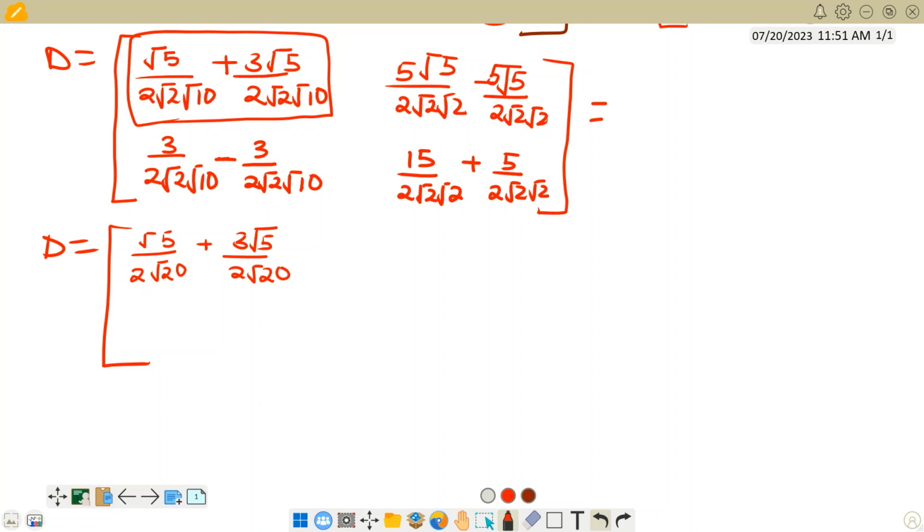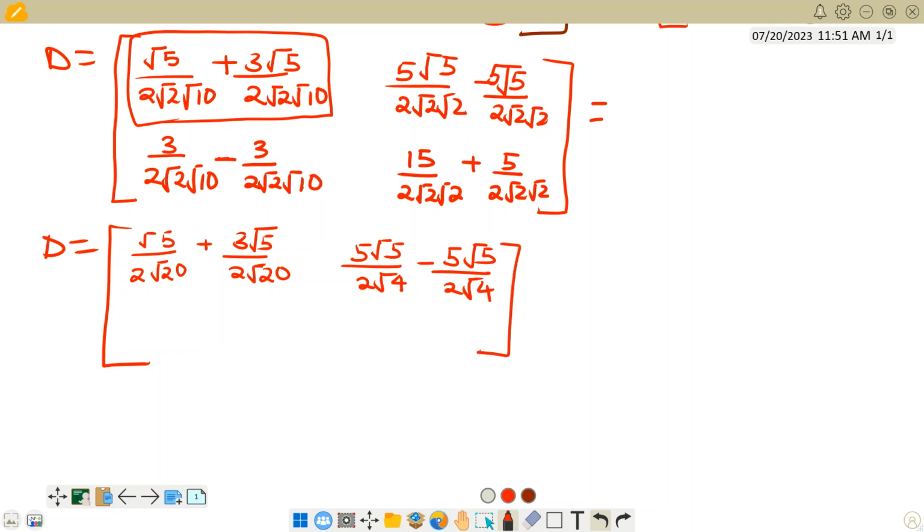Then the other side can also be 5 square root of 5 over 2 square root of 4, then minus 5 square root of 5 over 2 square root of 4.